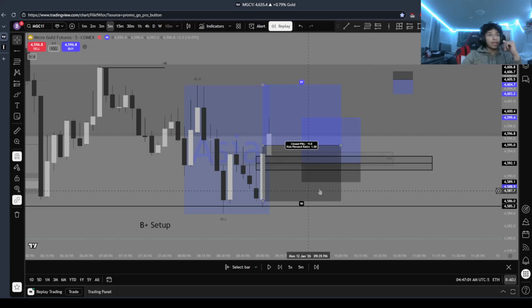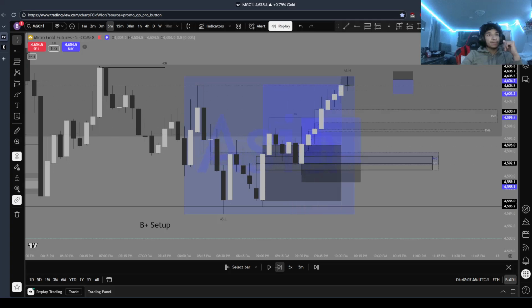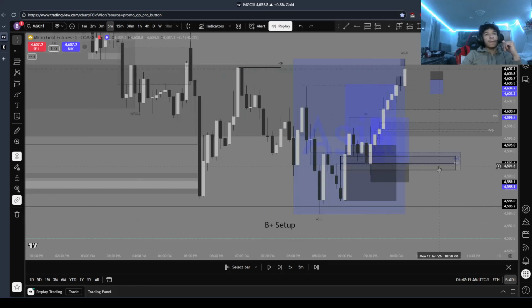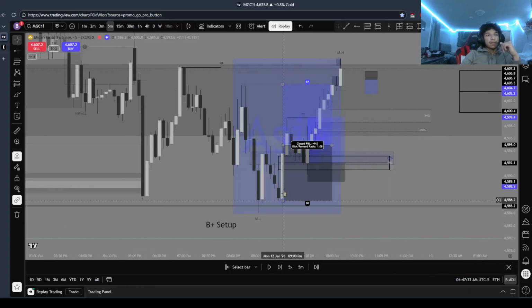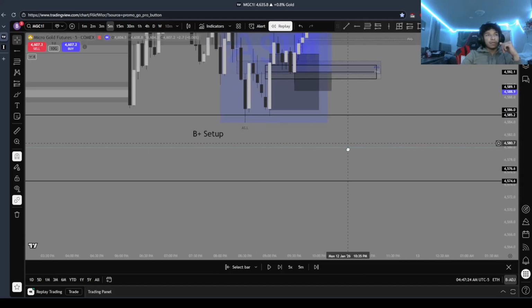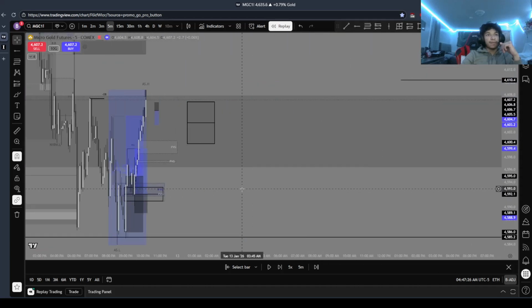Place it right below that candle, and then at these highs it would have been TP. Could also have re-entered on the retest of the fair value gap that was formed by this displacement. So this is a really good B plus setup right here, because everything else is right. We just left this liquidity, which is the reason why we didn't take it.